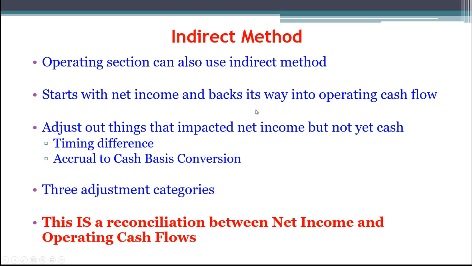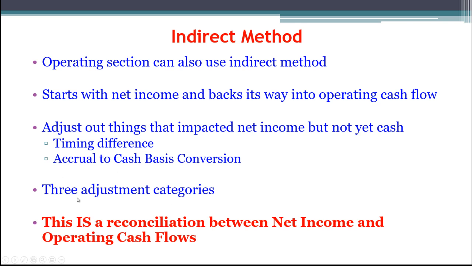So we're going to spend some time in this video talking about the indirect method, but we'll also see examples in later videos. So again, some indirect method adjustments are just due to a timing difference. Some of them are due to the fact that this is not even an operating cash flow, period. So we're trying to adjust from the accrual basis of accounting to the cash basis.